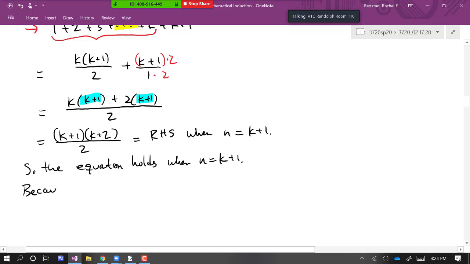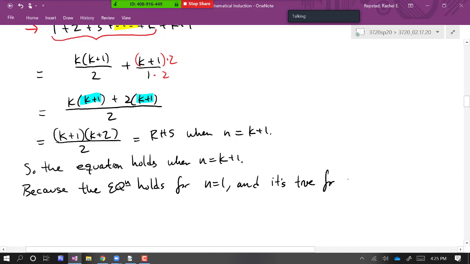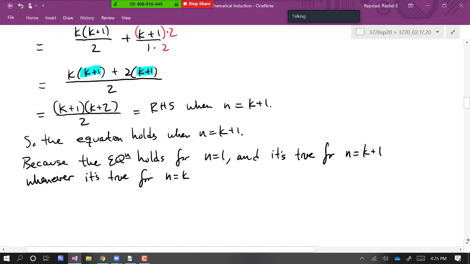So because the equation holds for n equals 1, and it's true for n equals k plus 1 whenever it's true for n equals k, it follows that this has to hold for all positive integers.